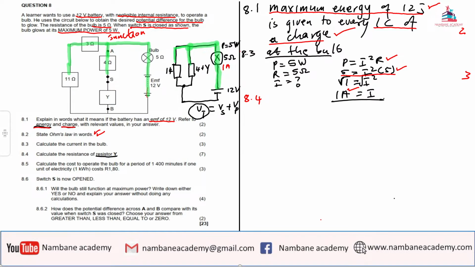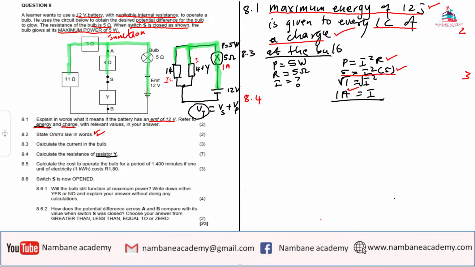If I can get the current passing here, I can actually get the voltage. And that voltage will be the same voltage that is shared by 4 plus y. And I will also know the current that is passing there. Because 4 plus y is actually a resistance, that will be very easy for me to do. But let's check now if I understand clearly.